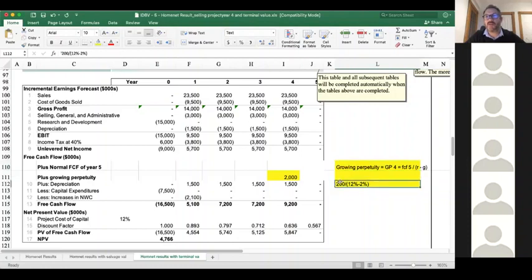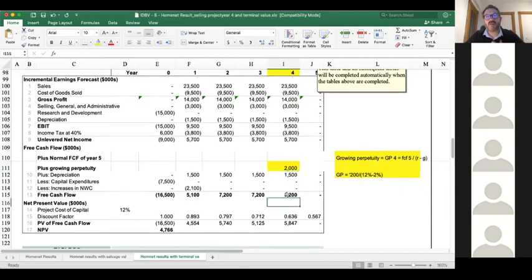So growing perpetuity year 4 will be equal to 200 divided by 12% minus 2%, because 12% is our discount rate and 2% is our growth rate. That means that the growing perpetuity that we find in year 4, which represents all the cash flow from year 5 to infinity, would be 2,000. What I chose to do is to just add it to the cash flow year 4.